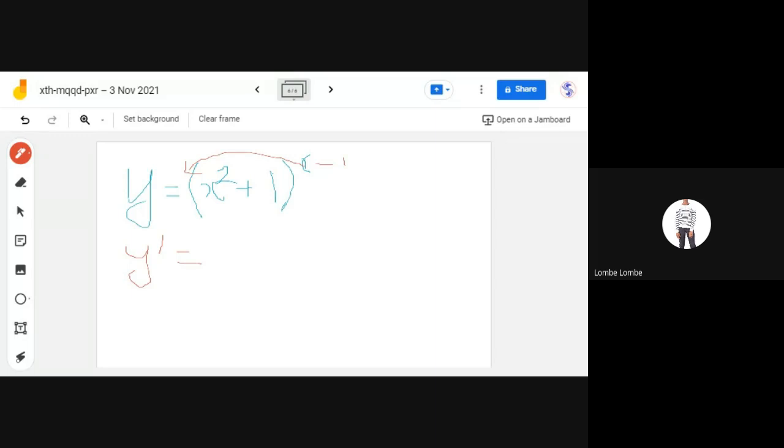What's the link for the one in the chat box? I'm not sure. It's such a long link, starting with something like Jamboard. Is the link to this same board which I'm using?